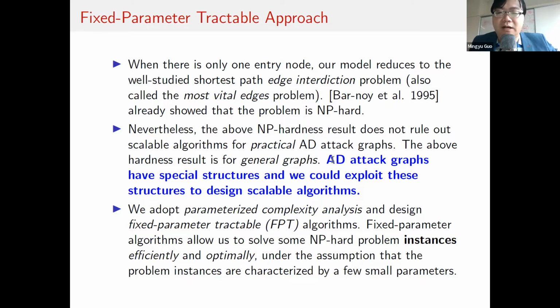Now, for those of you who are not familiar with fixed parameter analysis, the idea is that we are dealing with NP-hard problems, but if we assume that the actual instances that we need to solve are described by a few parameters that are small, then basically small parameters correspond to easy instances, and we try to develop algorithms that specifically exploit the fact that there are some parameters that are small, and we can then derive scalable algorithms for practical purposes.